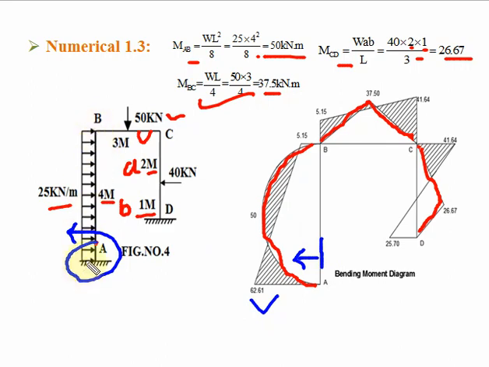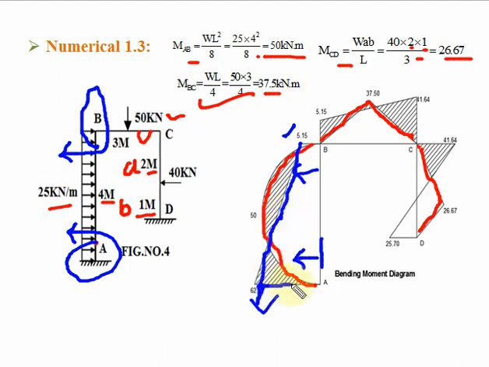Now MBA. MBA is 5.15. Minus sign is there. That means clockwise. So keep your pen close to B and move in a clockwise sense. So clockwise about B, and after cutting the vertical member it will come to the left hand side. So you have to show toward the left of the column. Then join with the help of a line.